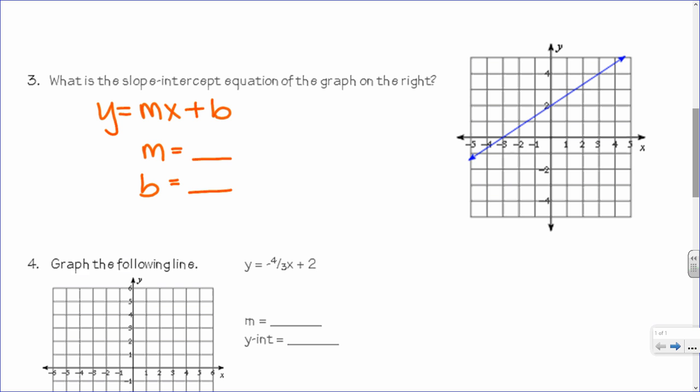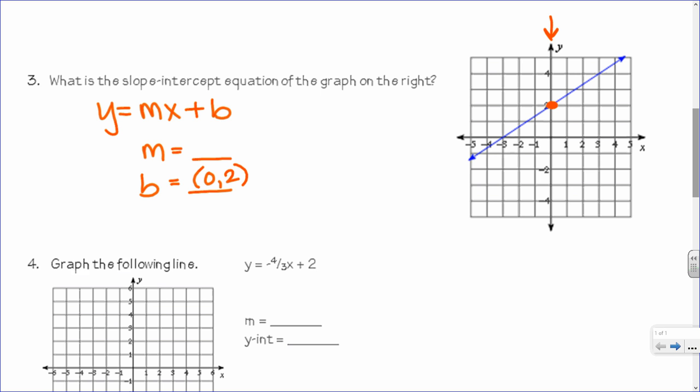So let's notice first our y-intercept. Where does our graph cross the y-axis? If you'll notice, our line crosses the y-axis right here at the point 0, 2. So our y-intercept is 0, 2.